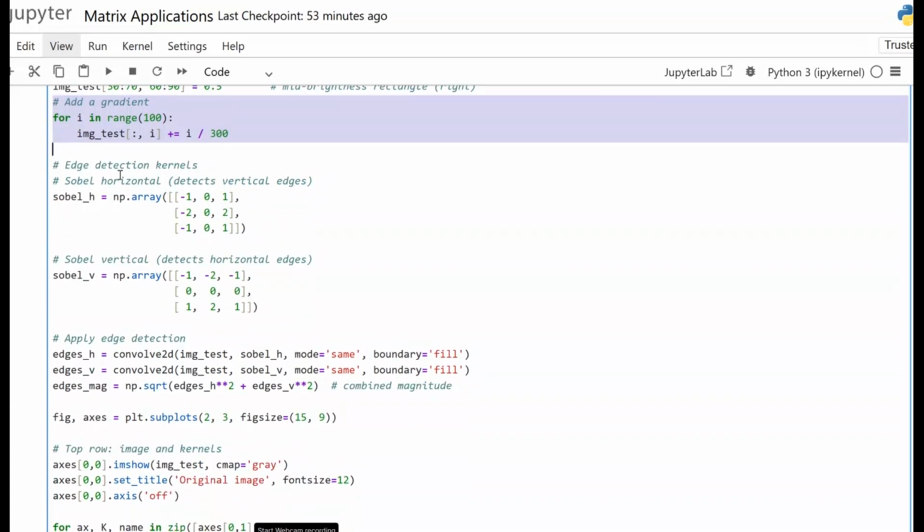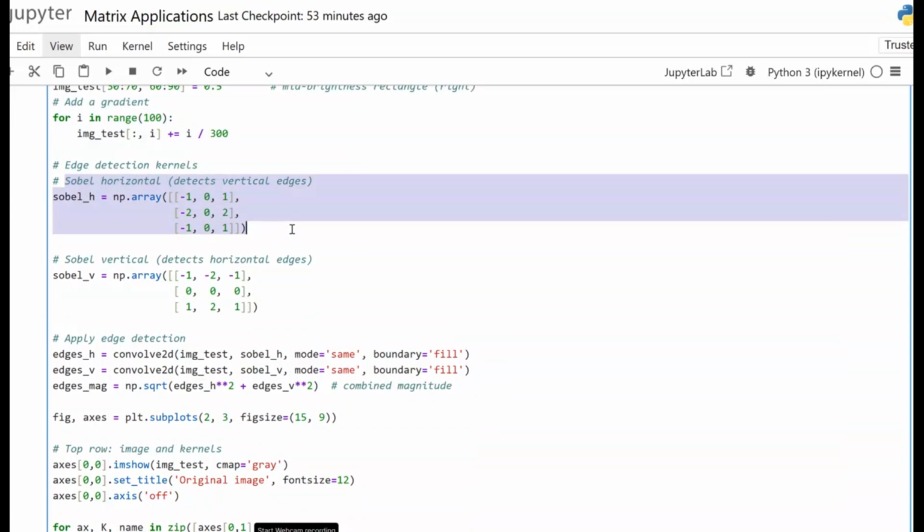And here we are going to include our Sobel edge detection kernel. Kindly observe, dear friends, we have a horizontal Sobel detection, which is an approximation of dI by dx. It responds strongly where intensity changes from left to right, so it detects vertical edges. Then comes the vertical one: Sobel horizontal detects vertical edges, and Sobel vertical detects horizontal edges.